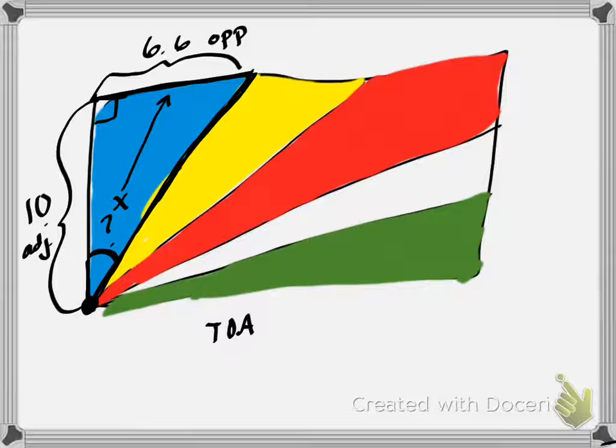Okay, so what we would say is the tangent of x is equal to the side opposite divided by the side that's adjacent. All right, and so if we have tangent of x is equal to 6.6 divided by 10, we're trying to isolate x, so we have to get rid of the tangent function.